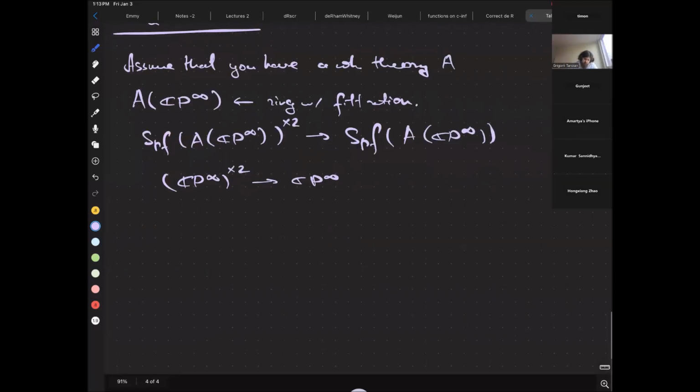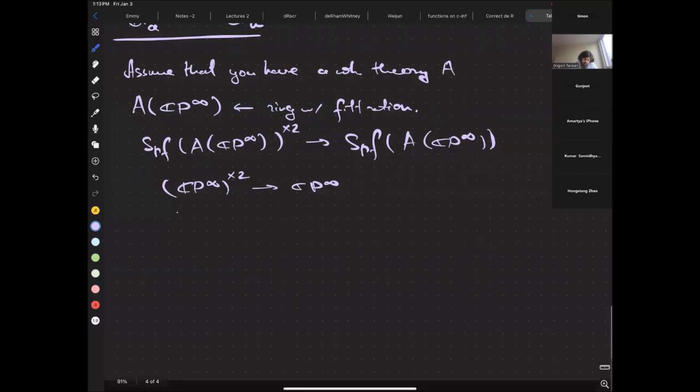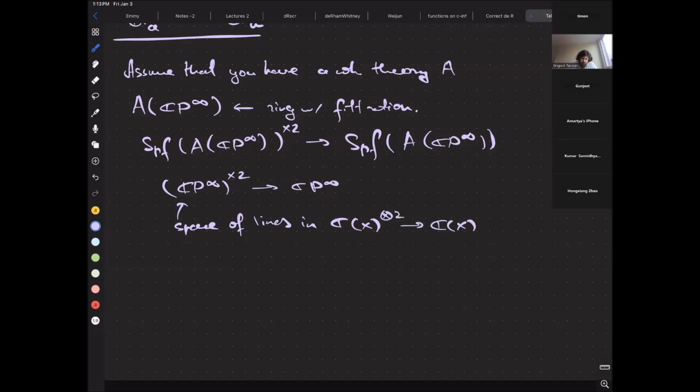So you can view the projective space as a space of lines in the field of rational functions on the affine line. And then here you have a multiplication map like this. And this induces for you the map from CP infinity squared to CP infinity.